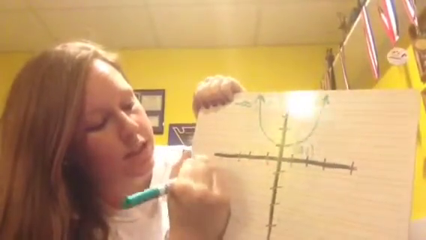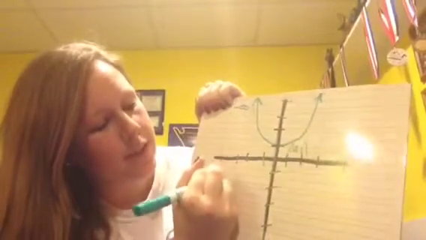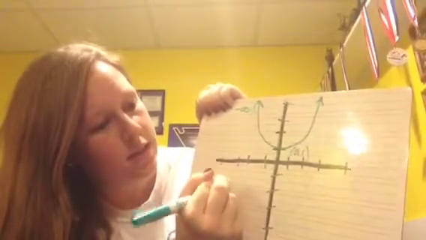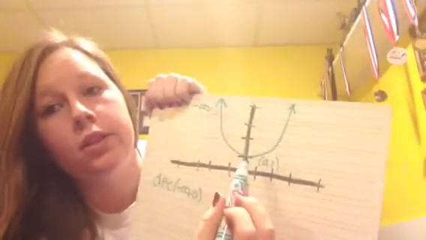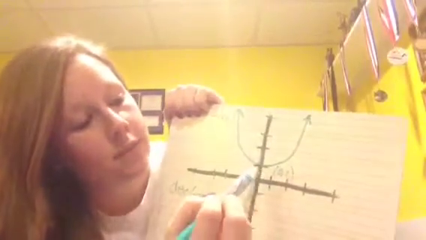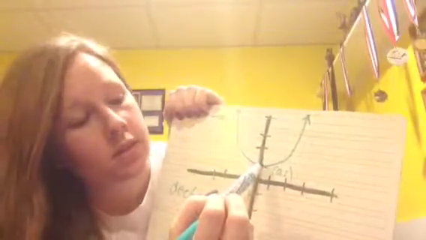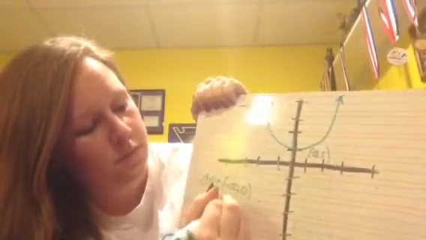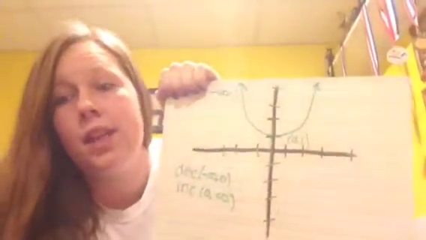So, decreasing from negative infinity to 0. Now from 0, you just keep going up and on and on and on to positive infinity. So 0 all the way up to positive infinity, and you're increasing. And that's easy for that graph.